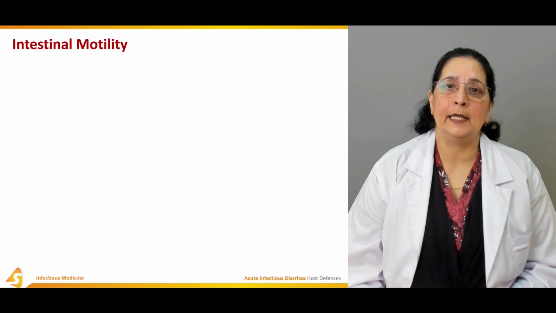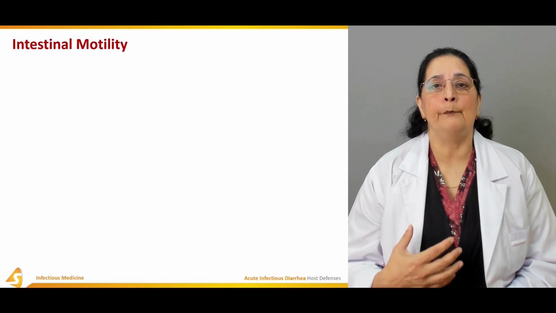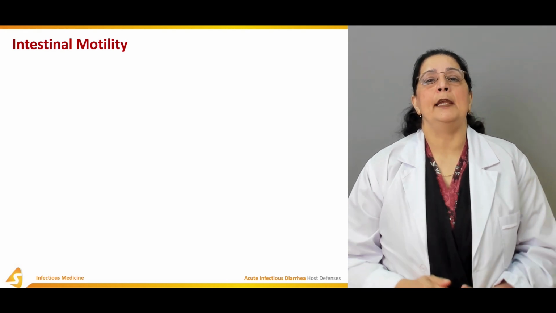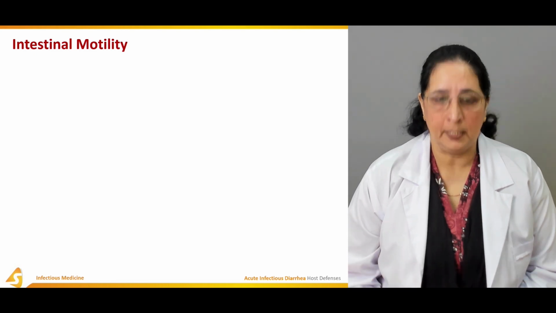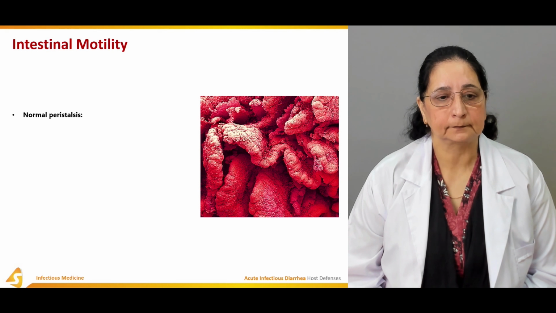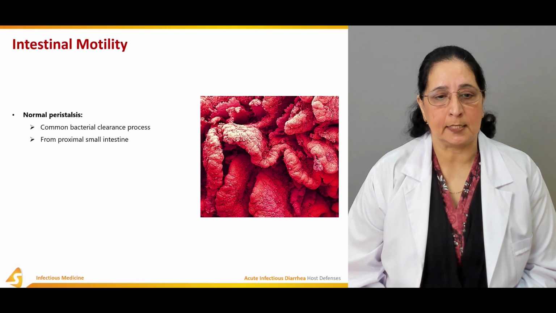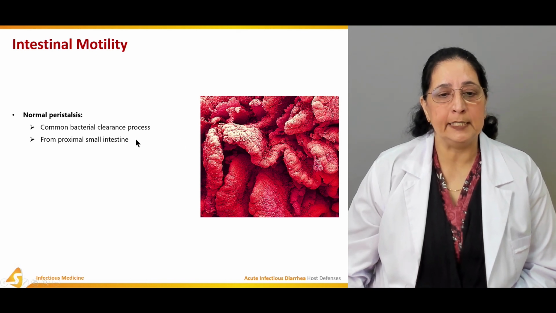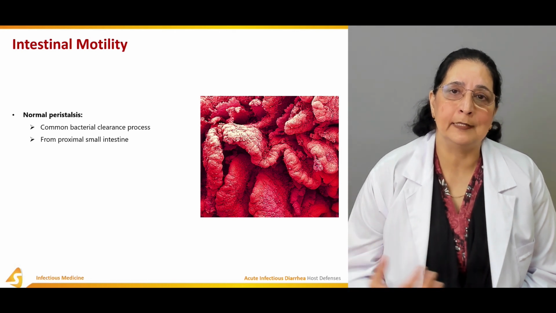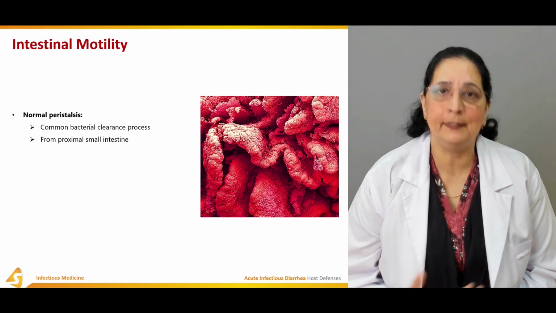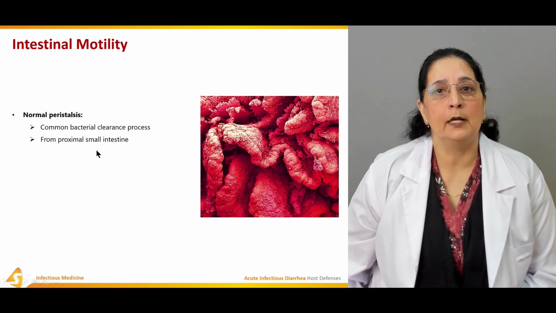Next, the intestinal motility. Movement of the intestine is also a very important factor in preventing colonization or growth of microorganisms. Normal peristalsis, the movement of the intestine, is a common bacterial clearance process. Once the intestine moves, or there is peristalsis, it can clear the microorganisms from the proximal small intestine.